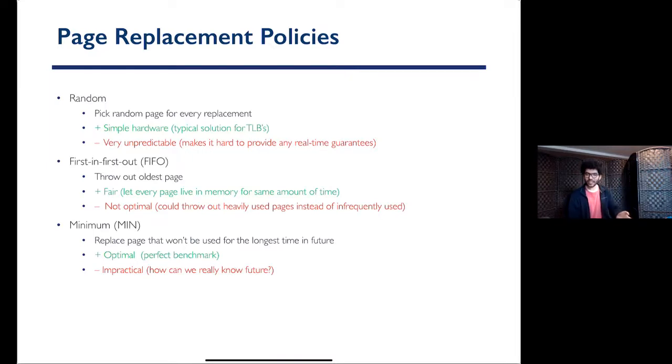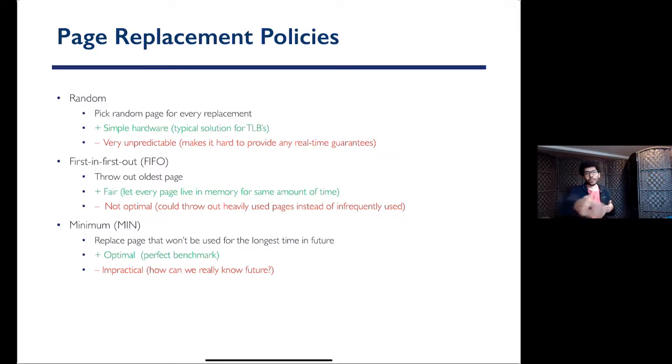Now, this is impractical, however, because who knows the future, right? At any given time, I don't know what accesses in the future I'm going to be having. So this is a benchmark to compare against. If I have a trace of memory accesses, then I can say what MIN would have done for this trace.